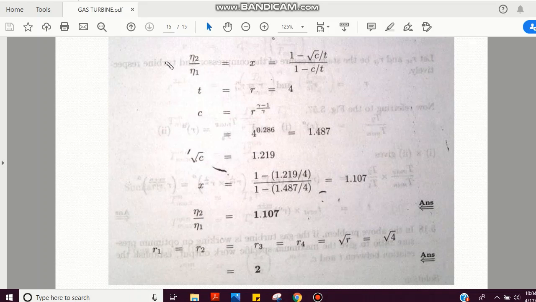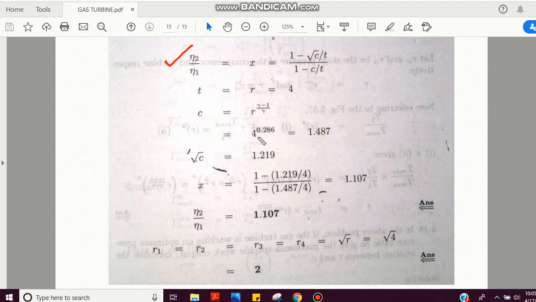So the efficiency ratio, eta 2 by eta 1, we are assuming this as x, so that becomes 1 minus root C by T by 1 minus C by T. The small t value is the maximum temperature ratio, R, which equals 4, and small c value is R to the power gamma minus 1 by gamma.